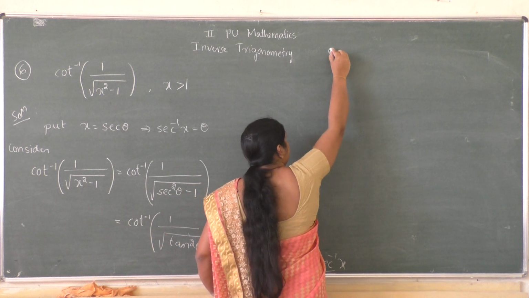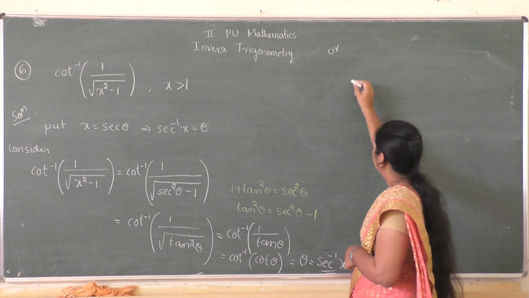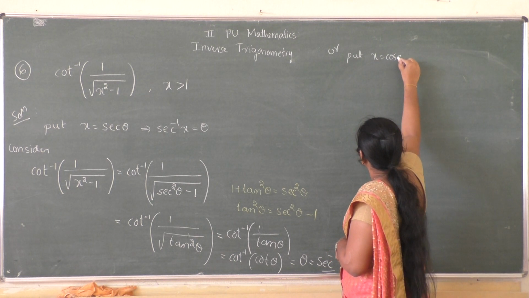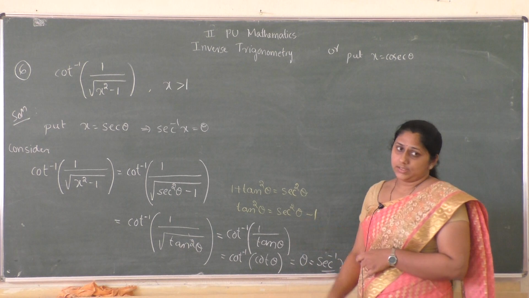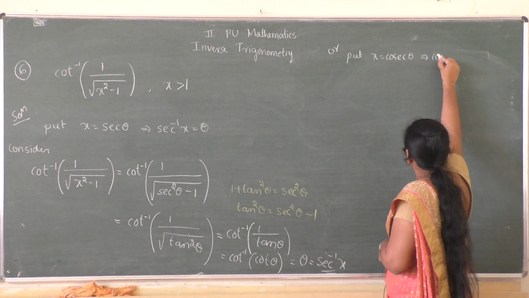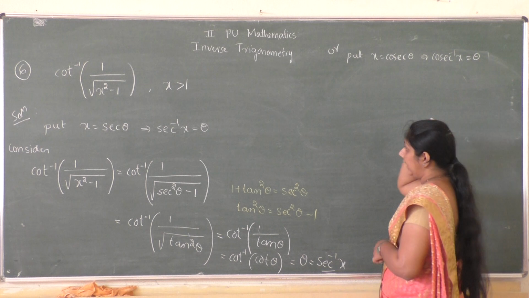So I will do that method also. If I put x equal to cosec theta, what will happen? See, if x equal to cosec theta, then cosec inverse x will be equal to theta, right?